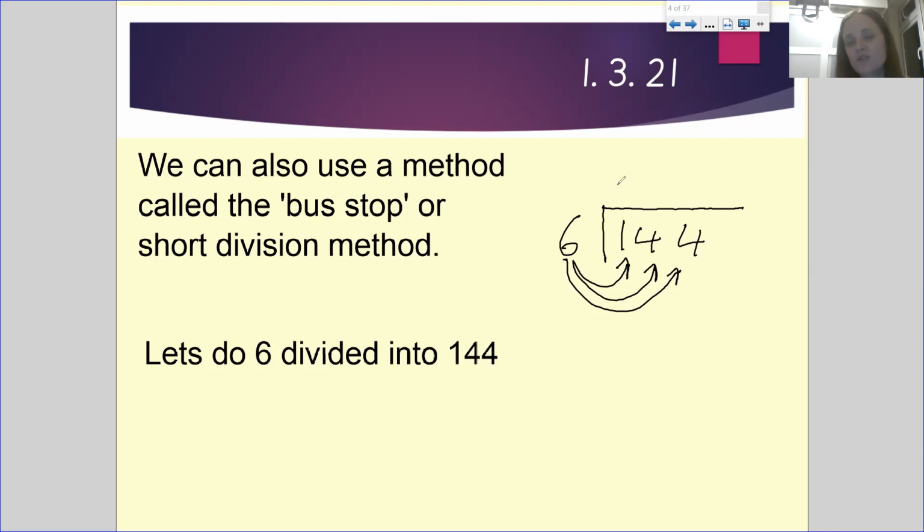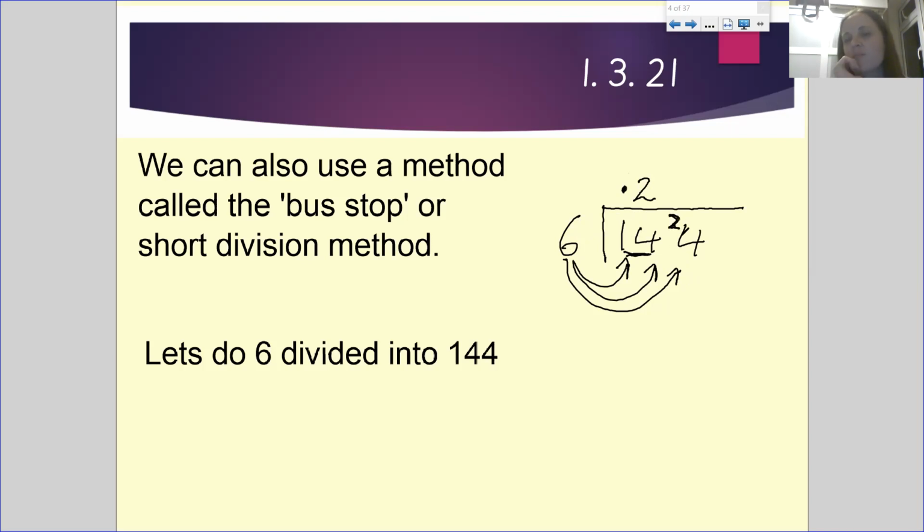So instead of just putting 0, we can just put a little dot there, because you can't divide 1 by 6. We look then at the next 2 numbers, and 6 can divide into 14. So we go 6, 12, so it can divide 2 times, and then it is left with another 2, so we're going to write it there.